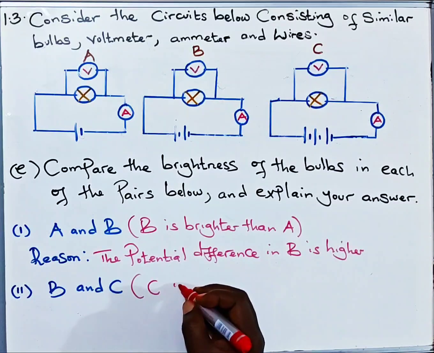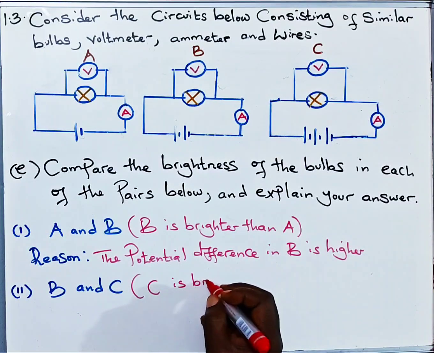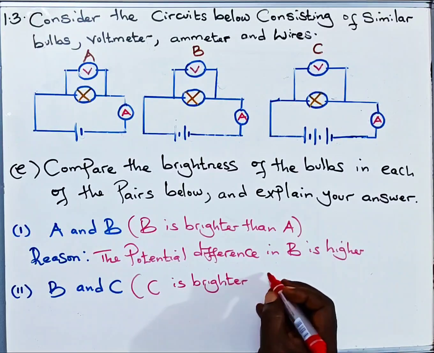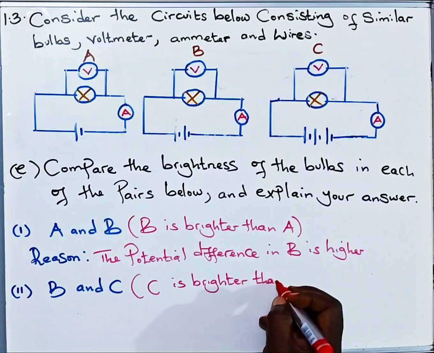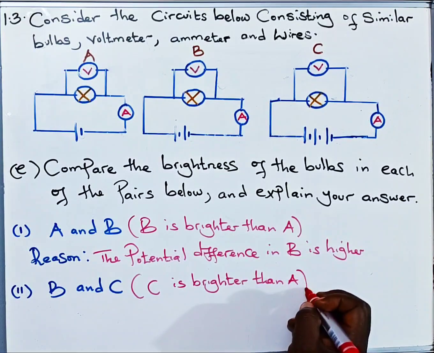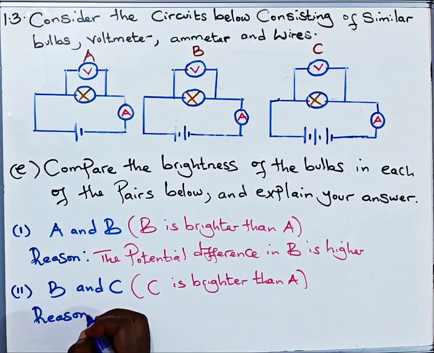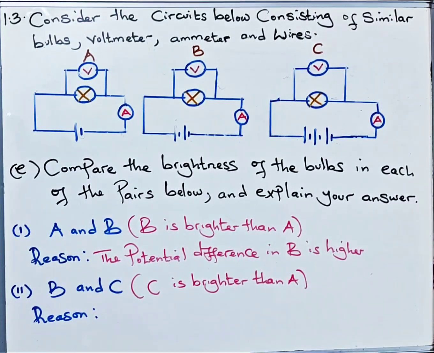C is brighter than B. And what's the reason? The reason is that the potential difference in C is higher than that in B.